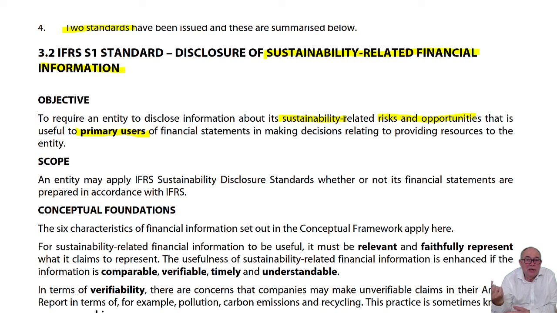Remember, primary users means investors, it means lenders. It does not mean employees, it does not mean central government. It's the primary users, the people who put money into the company. In the same way, really, as financial statements are primarily intended for primary users, lenders and shareholders.